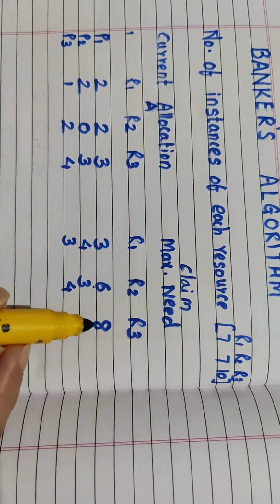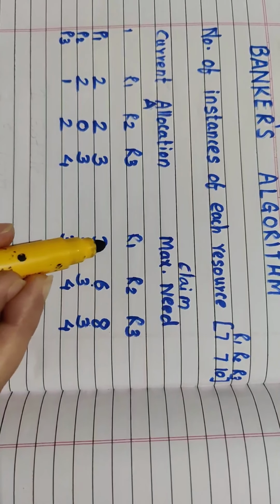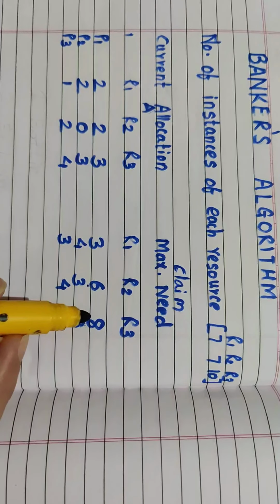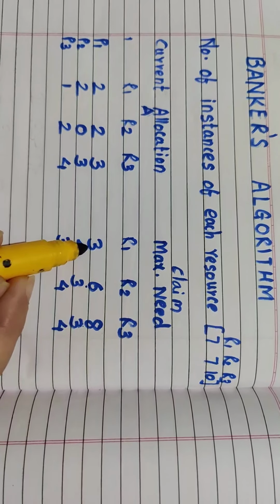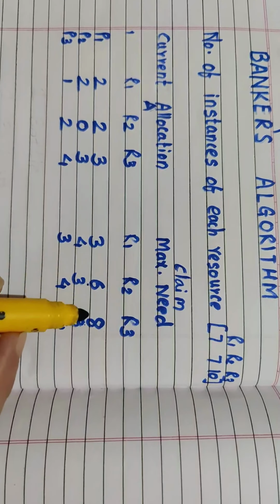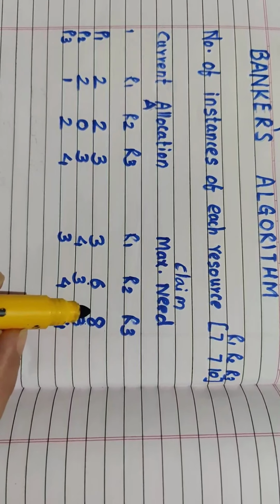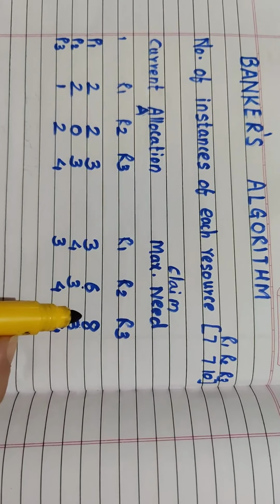If these 3, 6, 8 instances of R1, R2, R3 respectively are available, then only will the P1 process go into a safe state and be able to execute. So first we'll check whether P1 satisfies the safe condition.